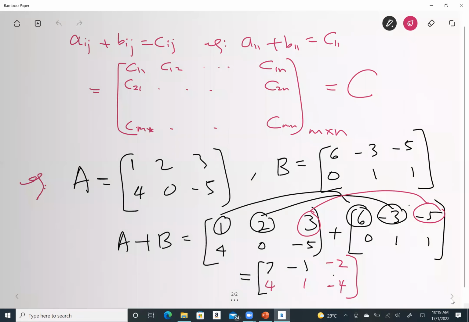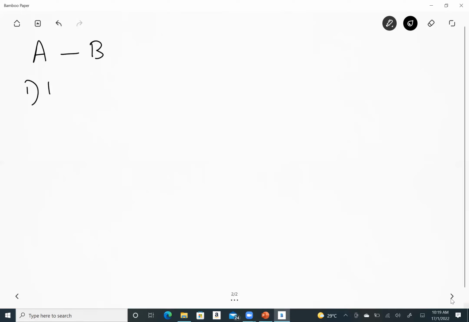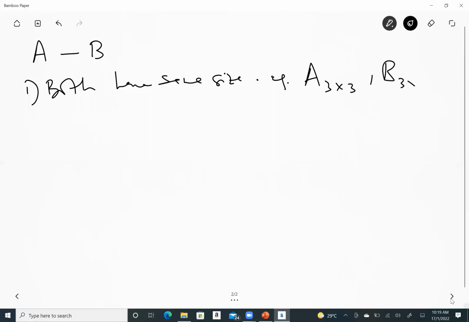We have A minus B. So A minus B, that is subtraction. Same principle. Number one, both must have the same size. Example, if A is 3 by 3, then B should also be 3 by 3.